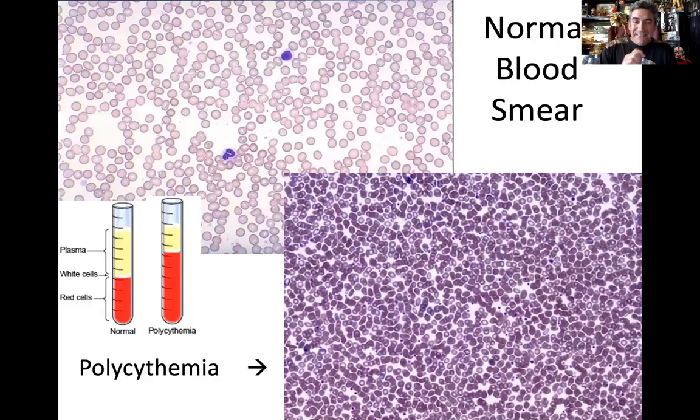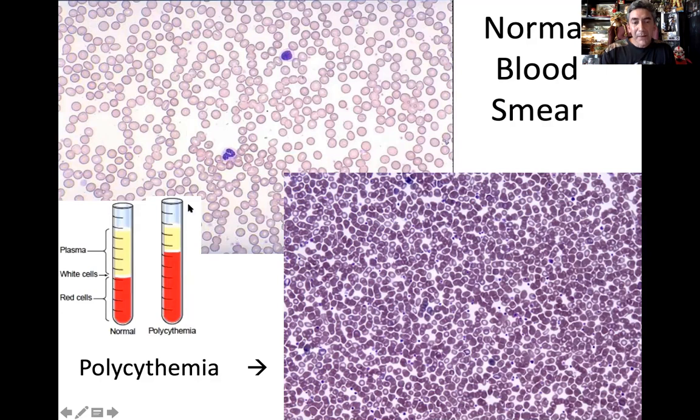What we should see here on the top left is a normal blood smear. This is the normal count of red blood cells that we're supposed to see, and you can see a lot of white area because that's filled with plasma. If you remember, hematocrit should be about 45% red blood cells, with the rest plasma.